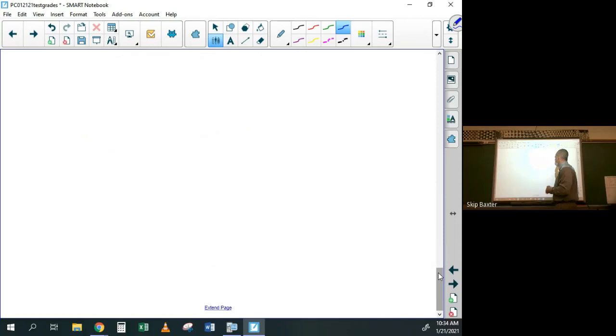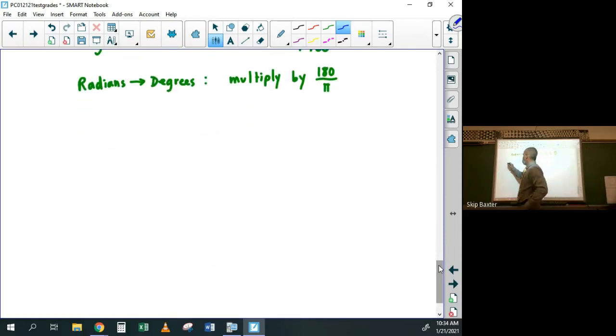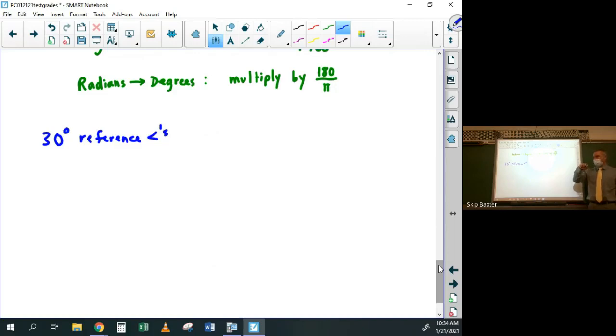I just remember that if you have 30-degree reference angles, now remember, reference angles are where the acute angle that goes to the x-axis is 30 degrees. So think about what that is. That's 30 over here.